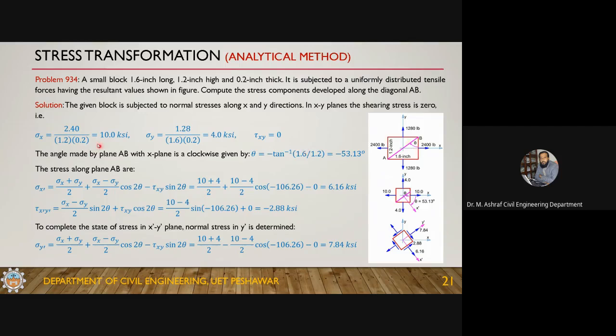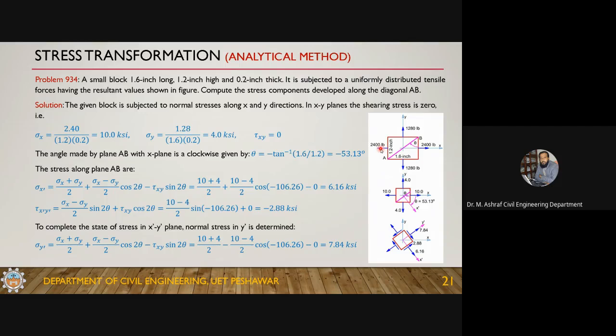This results in a 10 ksi stress. Sigma y is equal to 1.28 divided by 1.6 into 0.2, so it results in 4 ksi. And the shear stress in this case is 0, not in the other planes, but in the xy plane the shear stress is 0.